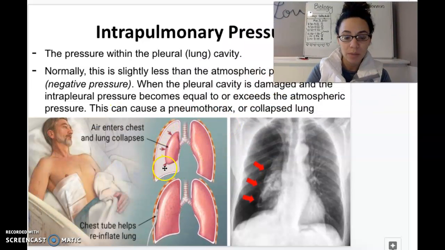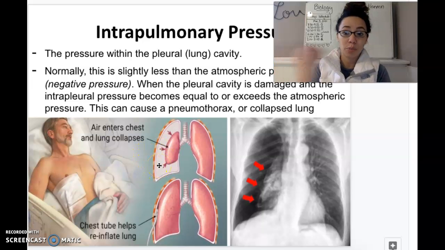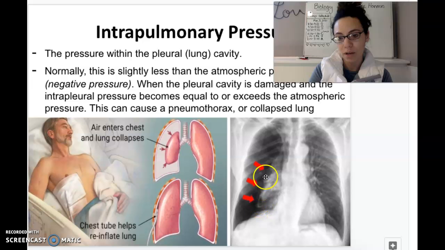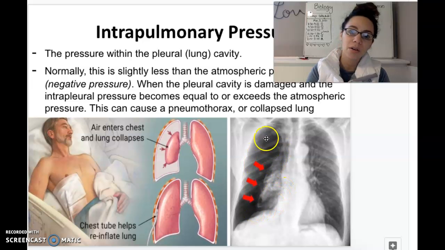Okay, so that's what's being shown here. So if there's a puncture here, if there's too much pressure being forced into the lungs, all those things can cause a lung to collapse. And here you can see it on an x-ray. You can see all those bronchi just collapse down to here, and all this outside is just empty space.